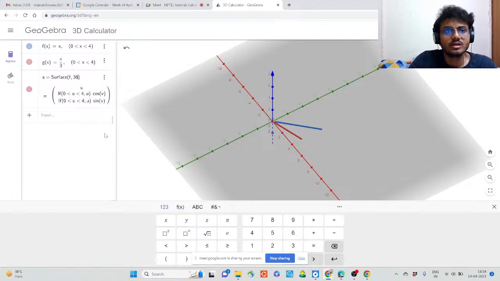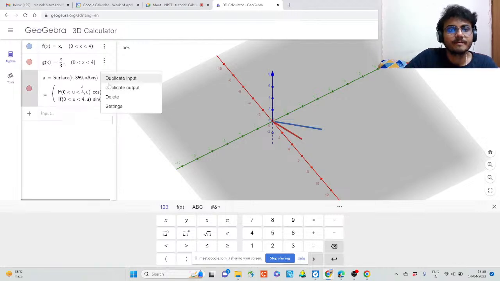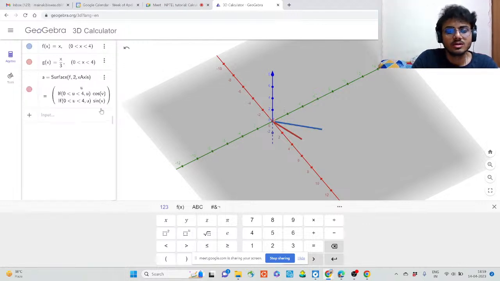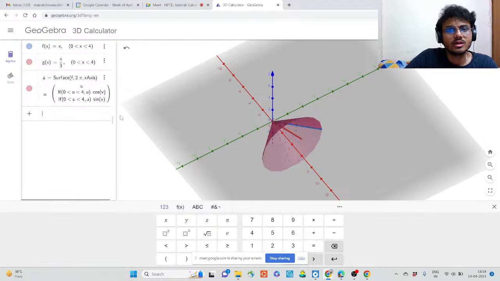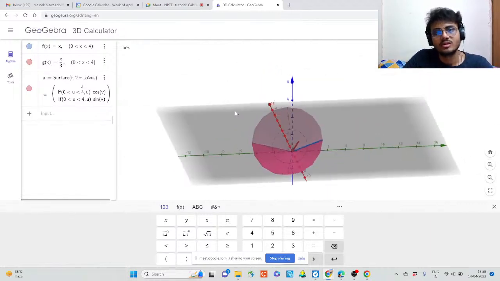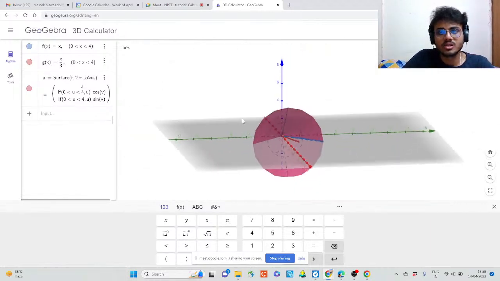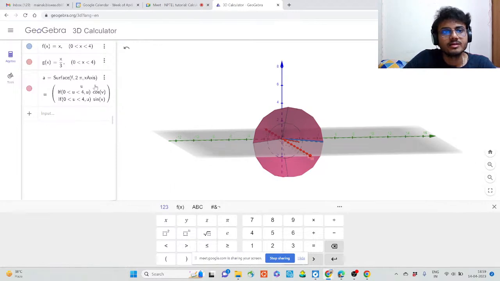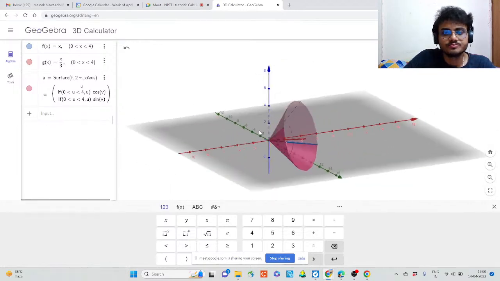I don't know why. Can you try putting 2 pi instead of 360? It's not 2 pi, but 360 was working. Let's see. I will try. Yeah, it's working. I don't know. Maybe some options are changed.